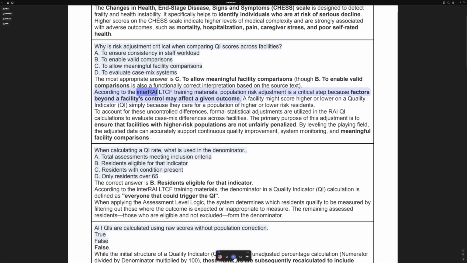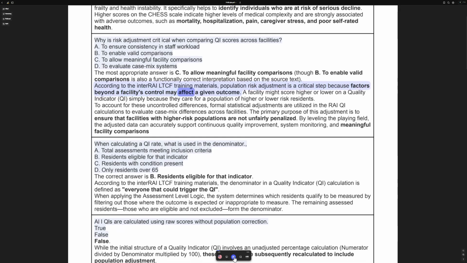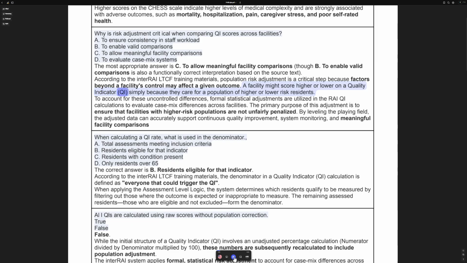According to the RAI training materials, population risk adjustment is a critical step because factors beyond a facility's control may affect a given outcome. A facility might score higher or lower on a quality indicator, QI, simply because they care for a population of higher or lower risk residents.